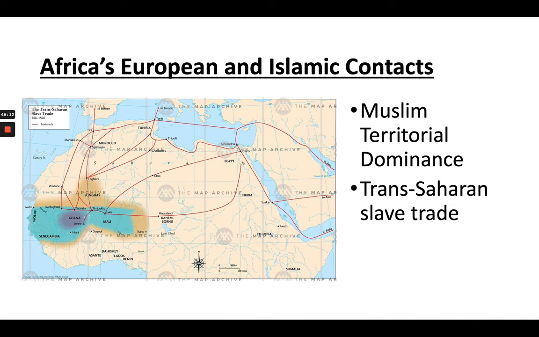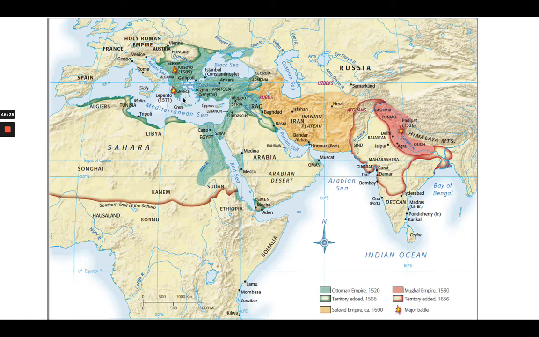Muslim cultural influences south of the Sahara were much stronger than European cultural influences. Islam and Arabic will spread more quickly than Christianity and English. And the European and Muslim slave trade did not have a significant effect on the overall population of the African continent.